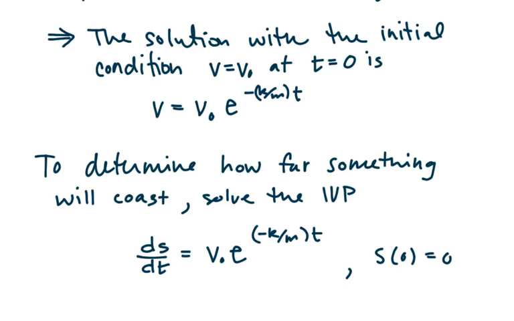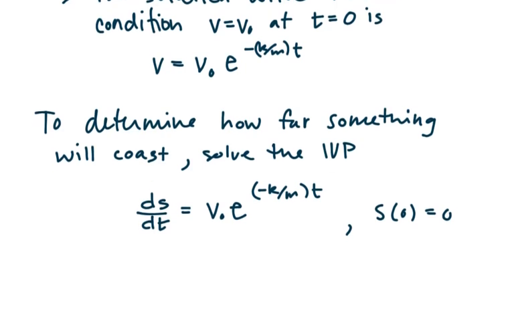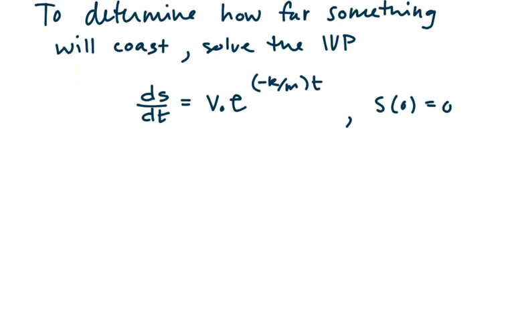So s being our position function, v velocity, initial velocity when we talk about v sub 0. So to continue solving this, we're going to integrate on both sides with respect to t. And if I take the integral with respect to t, I end up with s equals the integral of v sub 0 e to the negative k over m times t.